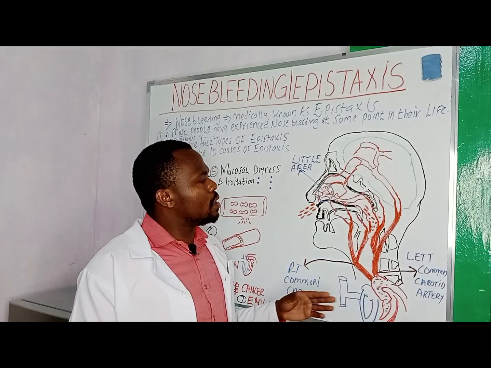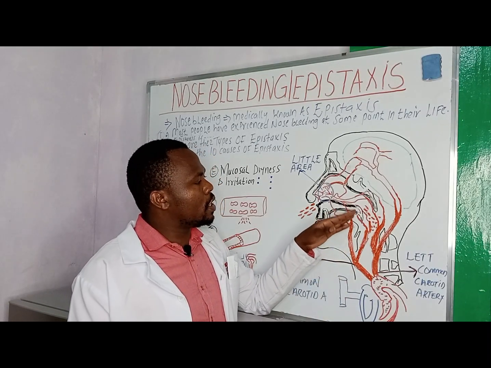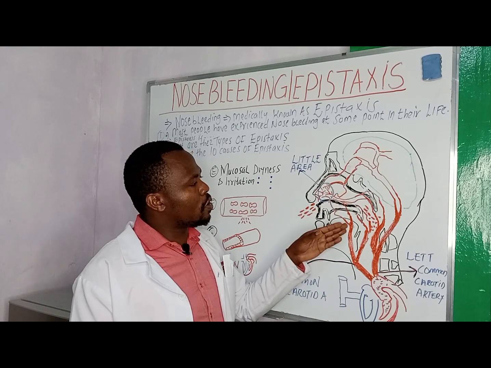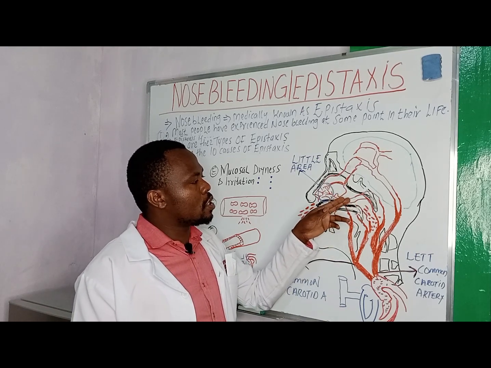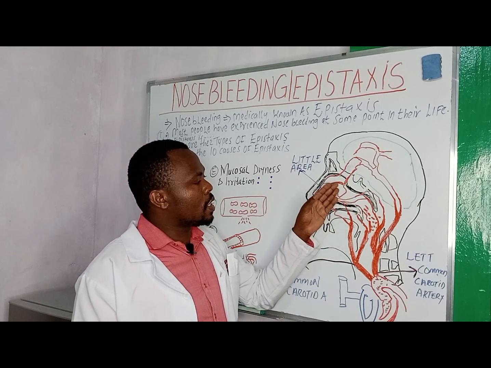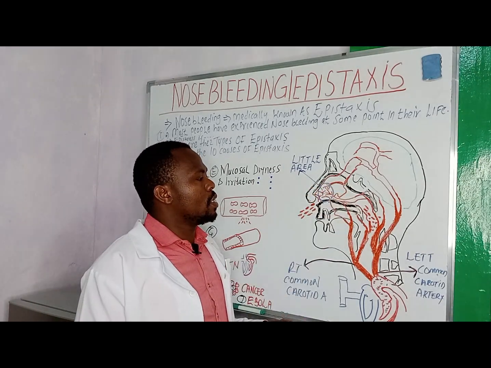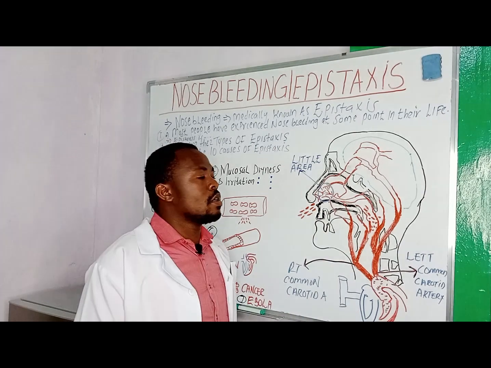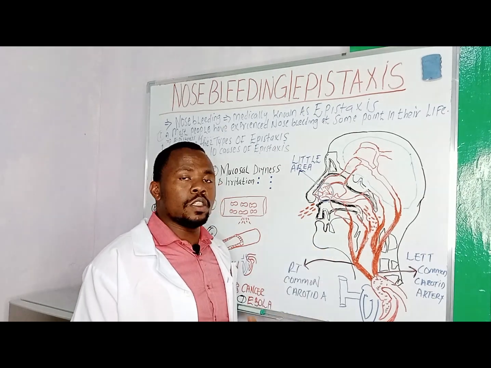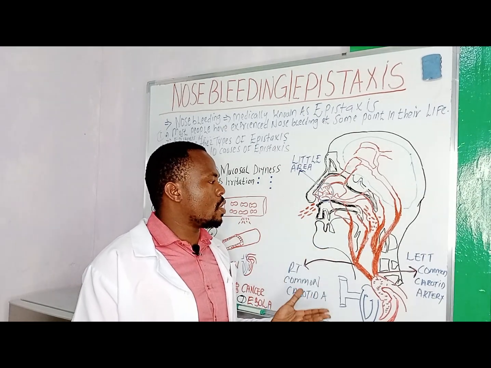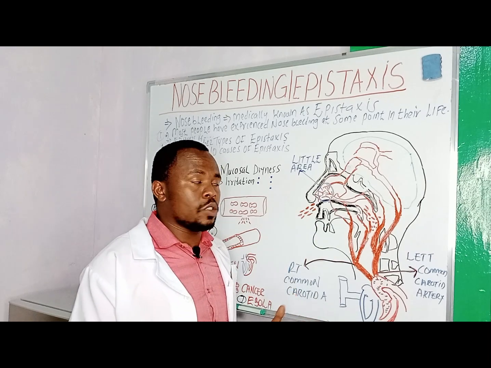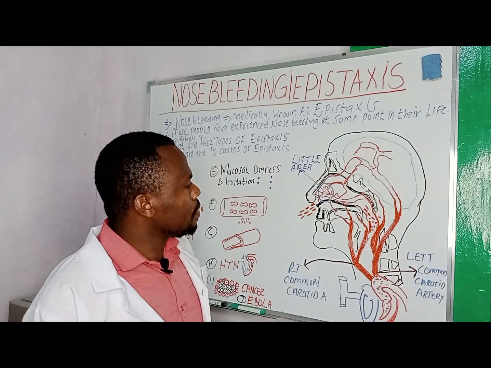Posterior nose bleeding originates from branches that are deep back in the nasal cavity, mostly arteries. Posterior nose bleeding is very serious and is sometimes challenging to manage.